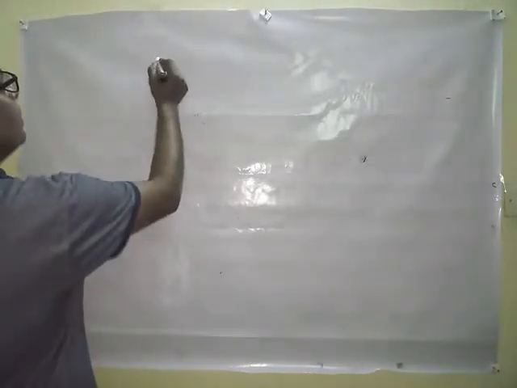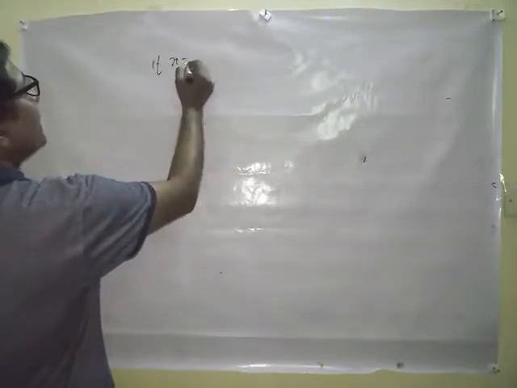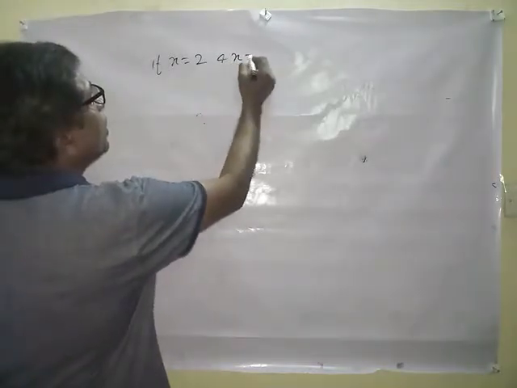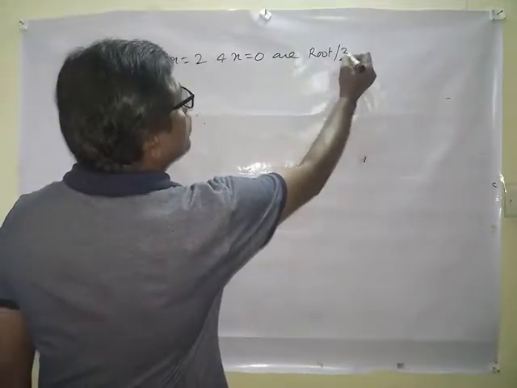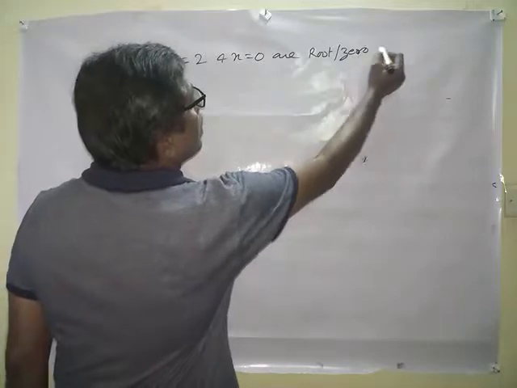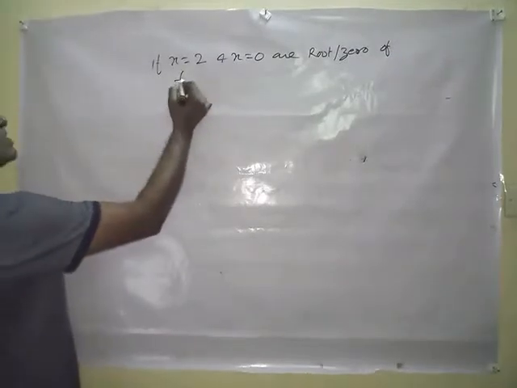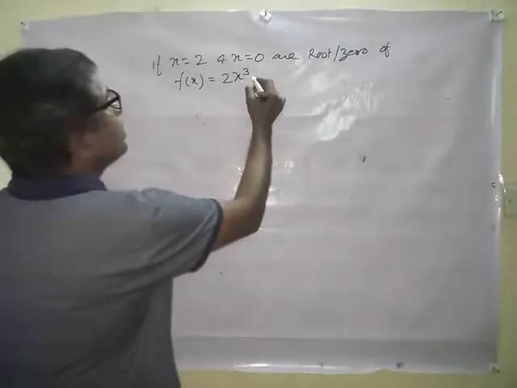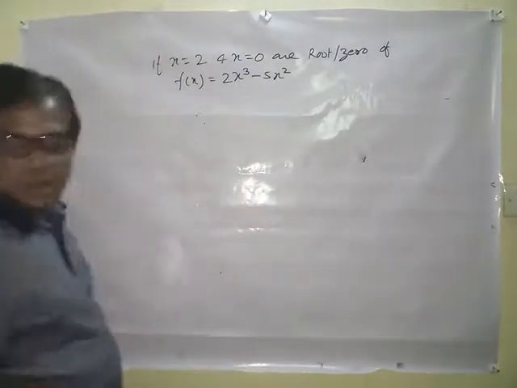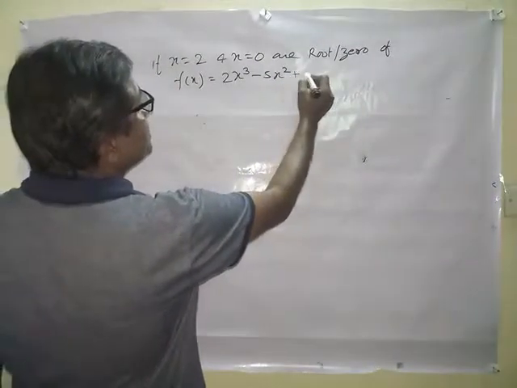There can be another case: if x is equal to 2 and x is equal to 0 are roots or zeros of the polynomial f(x) equal to 2x cube minus 5x square plus ax plus b.